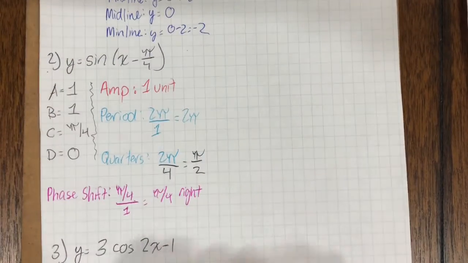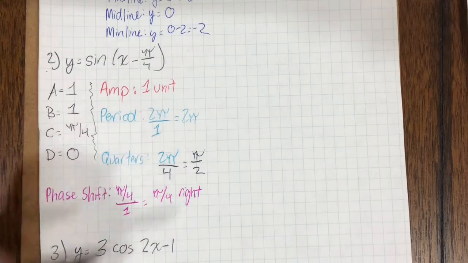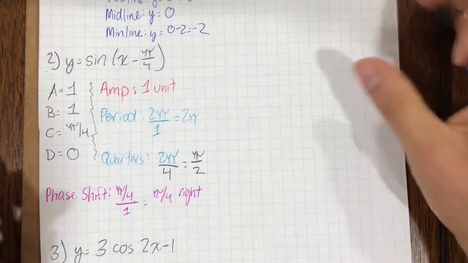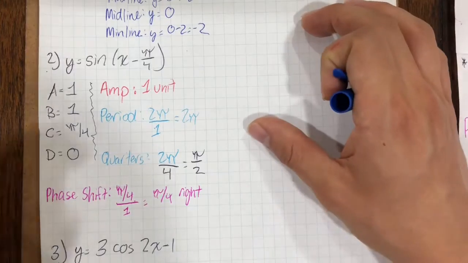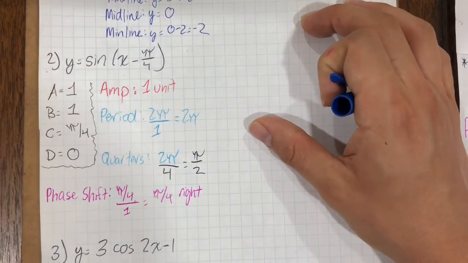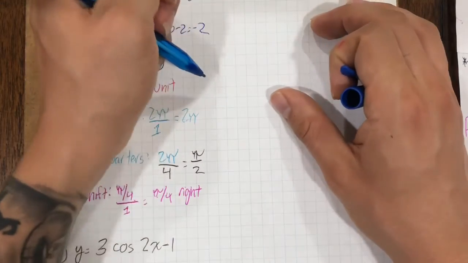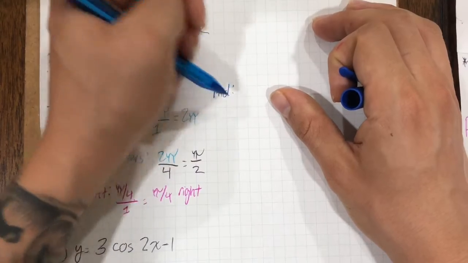Then we have one more, which are the lines. I'm going to figure out the midline, the max line, and the min line. I have my midline, so I'm just going to write mid.